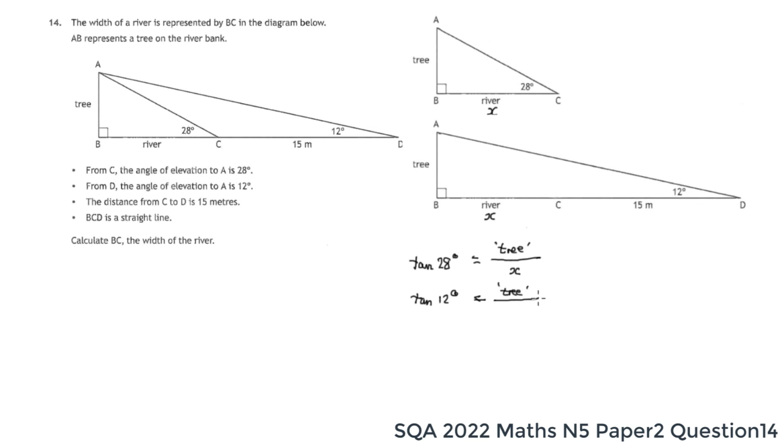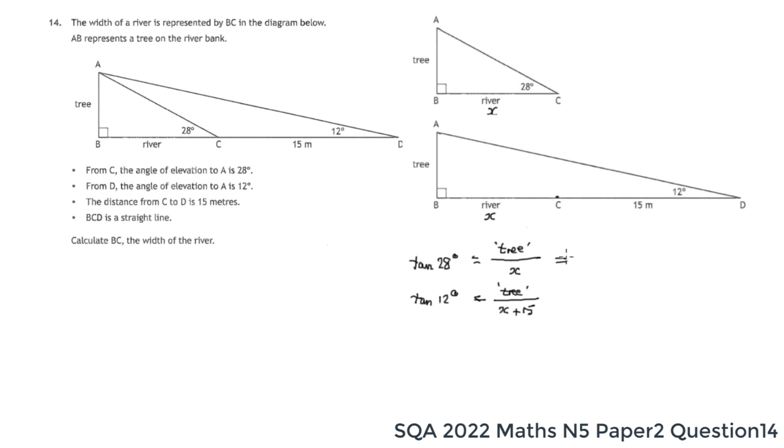over, now this time's interesting because x goes from B to C, and then there's a further 15. That's a sum of two distances. We've got an x plus a 15. But there is this tree, height of the tree, common to both of these expressions.